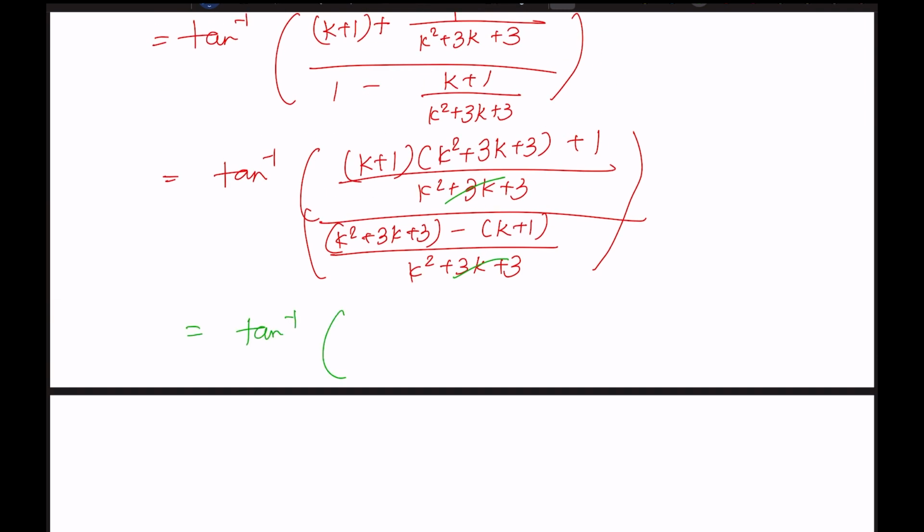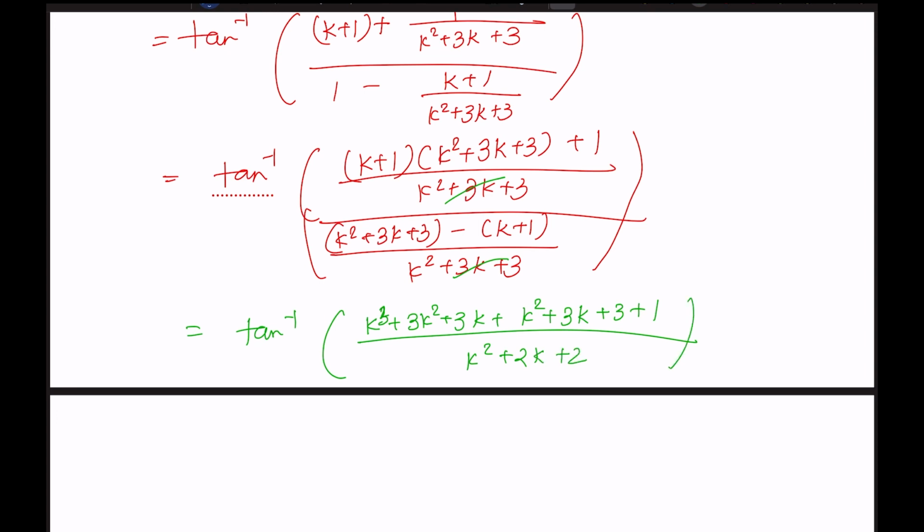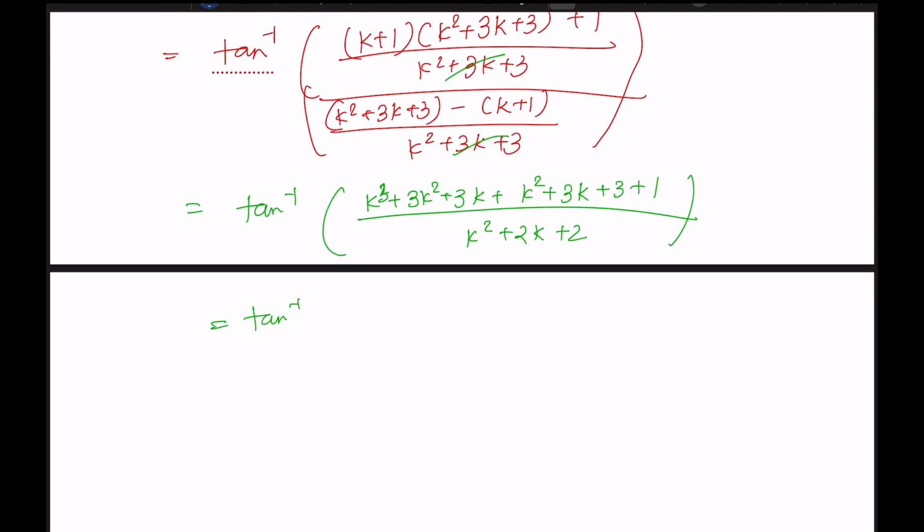So if I again simplify this, the numerator will become k cube plus 3k square plus 3k plus k square plus 3k plus 3 plus 1. And the denominator, if I simplify, will become k square plus 2k plus 2. Now I'll simplify the numerator further. It will become k cube plus 4k square plus 6k plus 4 divided by k square plus 2k plus 2. So this is the tan inverse value.